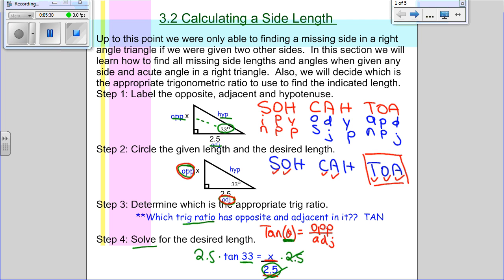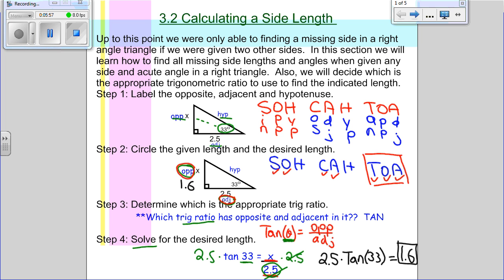So in your calculator, you punch in 2.5 times tangent of 33. And you should get that that thing is equal to 1.6. So x is 1.6.